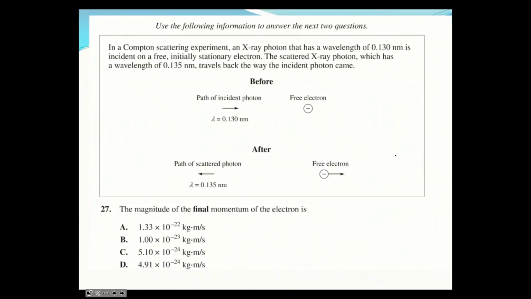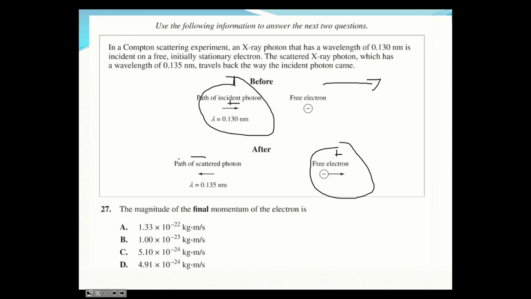Okay, so the tricky part about this is that if we take a look at the picture again, whenever we do a 1D momentum question, we have to assign positives and negatives, right? So this one here, we'll go to the right, has a positive momentum. This one has a positive momentum, but this one has a negative momentum, right?